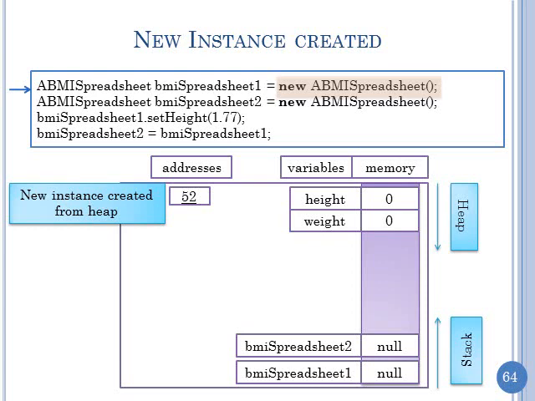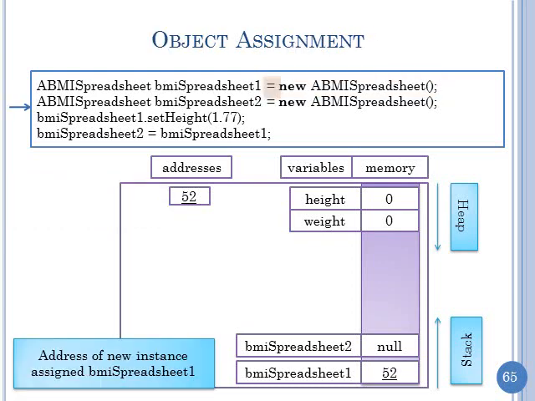That's not the case here. The address of the topmost slot is assigned to that variable. So we're going to see now that the BMI spreadsheet has the address 52, not the value 00, just the address 52.